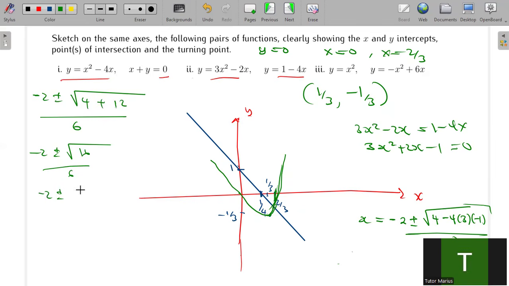The square root of 16 is 4, and then you have 6 there.